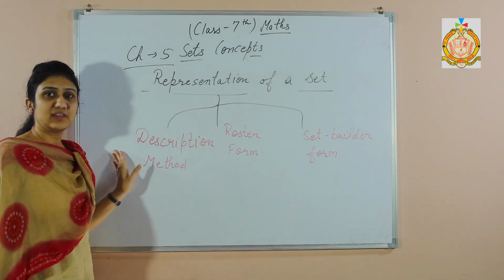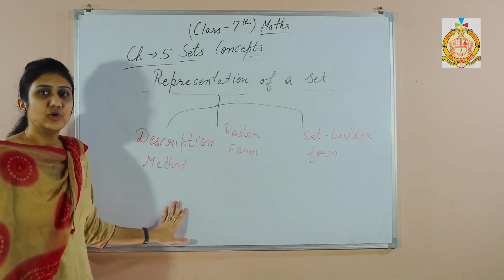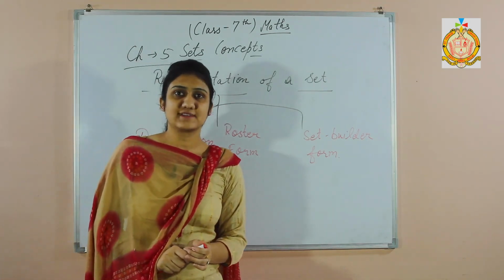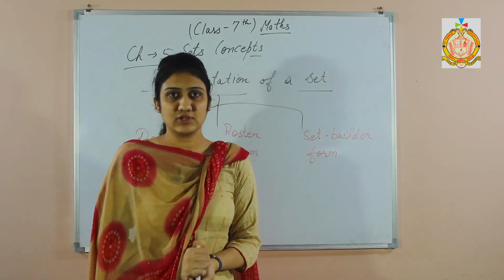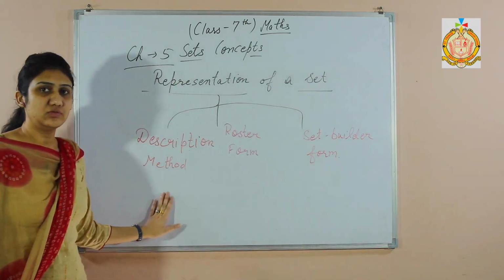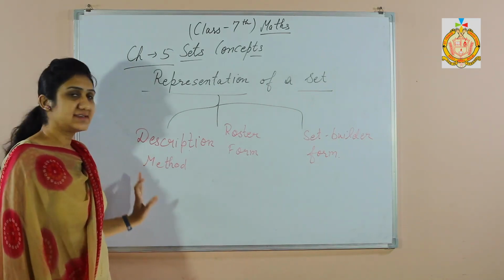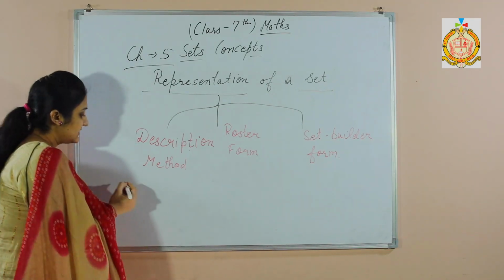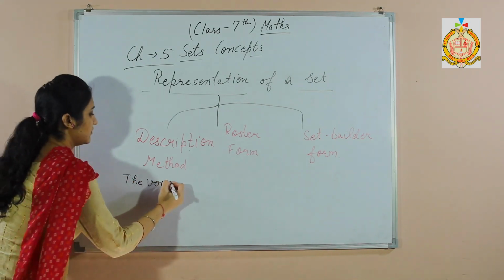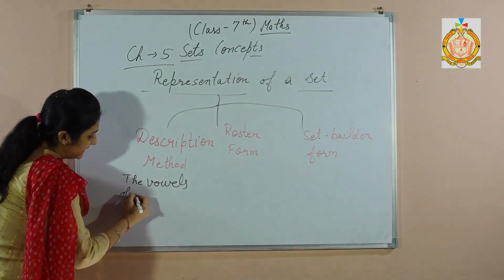In the description method, we simply describe the set. For example, if I say a collection of English alphabet vowels, I have just described the set. So this is how to write the set in a description form.